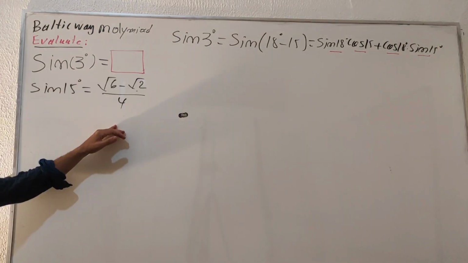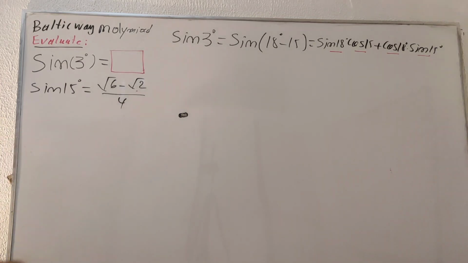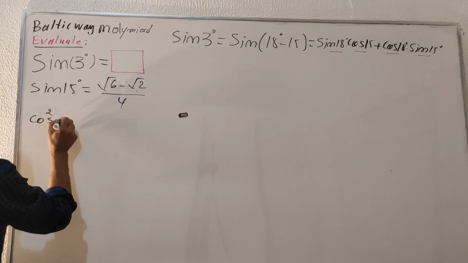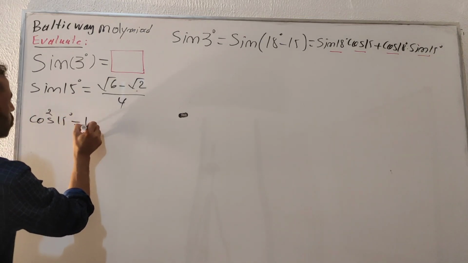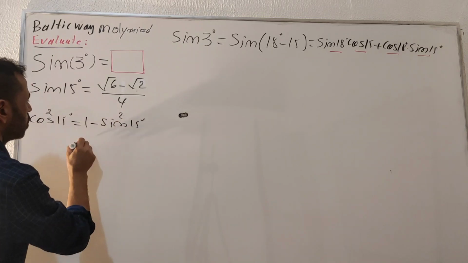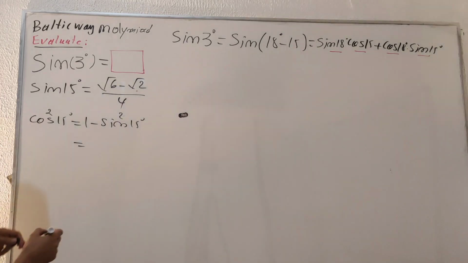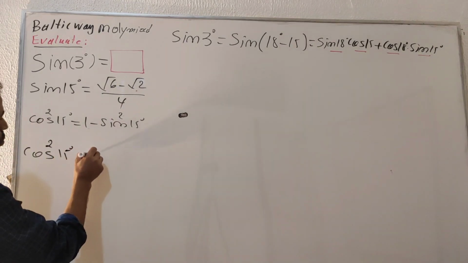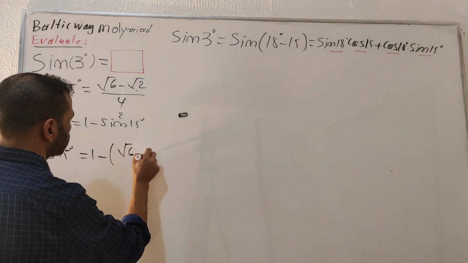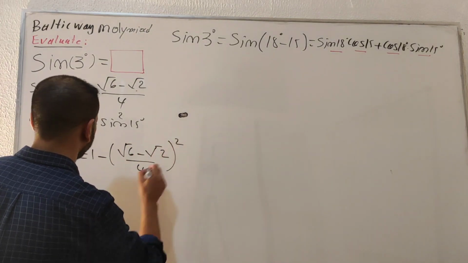At this moment it's easier to calculate cosine 15, so by using the formula that I have, cosine square of 15 equals 1 minus sine square of 15. Now just plug this value in and find cosine 15. Cosine square of 15 equals 1 minus square root of 6 minus square root of 2 over 4, squared.